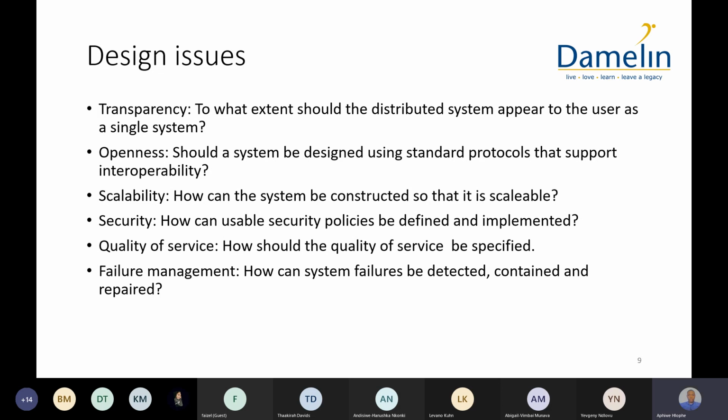Some of the other issues that we may experience when it comes to these distributed systems is transparency. Okay, we have to not compromise the end user's experience. As much as this system is distributed, to the end user it must appear, and it must operate, as if it is all coming from one particular processing system.